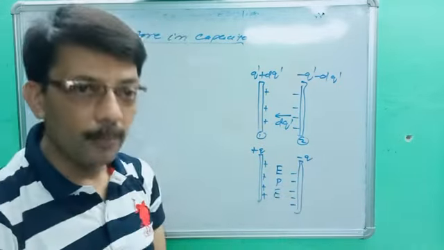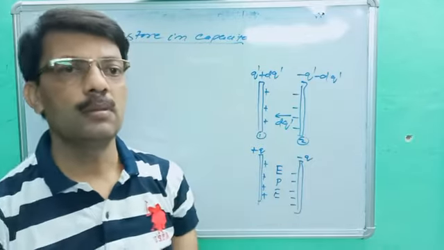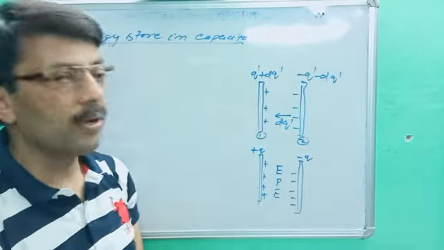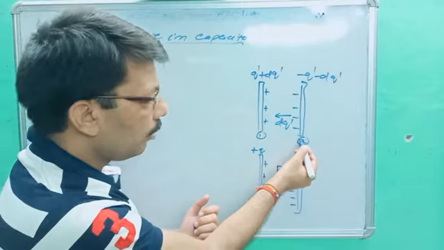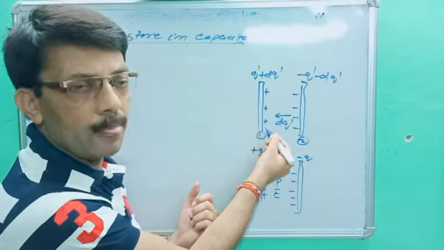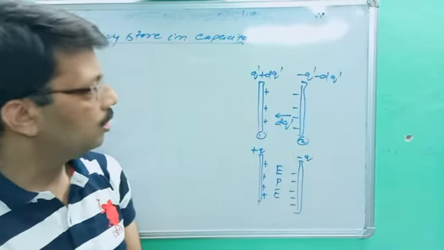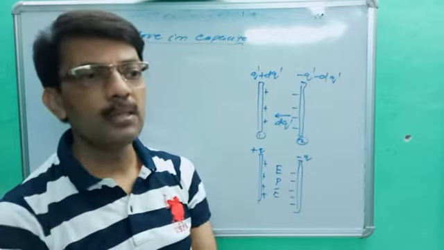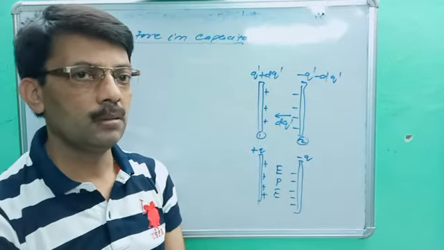Once again, note down the point: the amount of work done in bringing the charge from one plate to another plate, bit by bit, is stored as electrical potential energy.